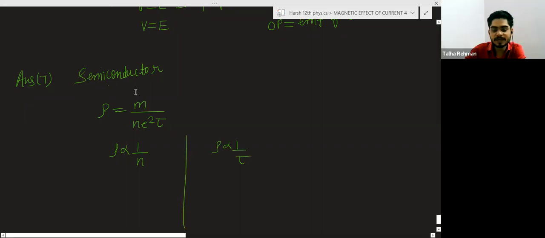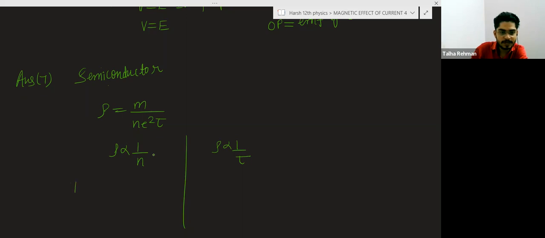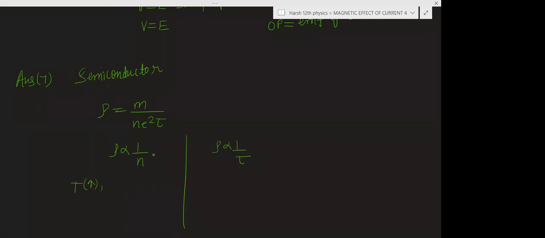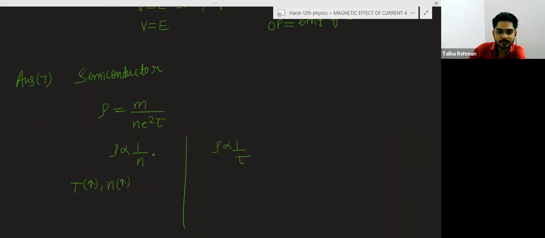But in case of a semiconductor, this n value is very small. When you increase the temperature, the bonds inside the semiconductor will be broken. So the number of electrons per unit volume will increase, and the resistivity of the semiconductor will decrease.